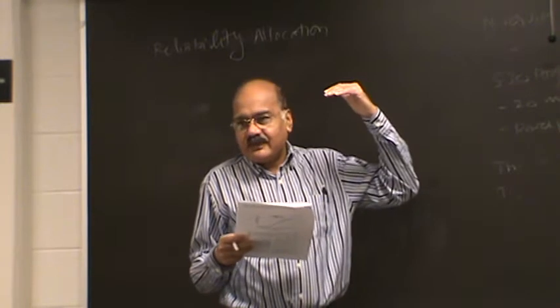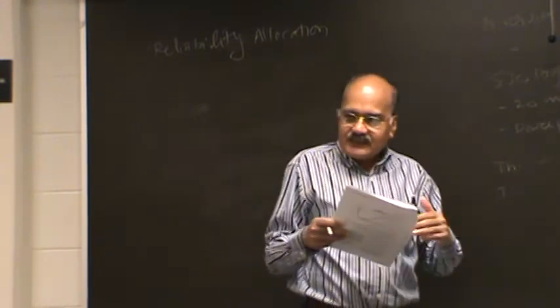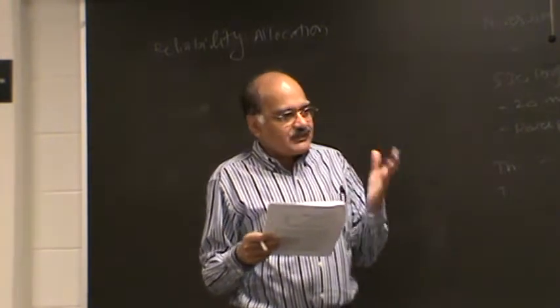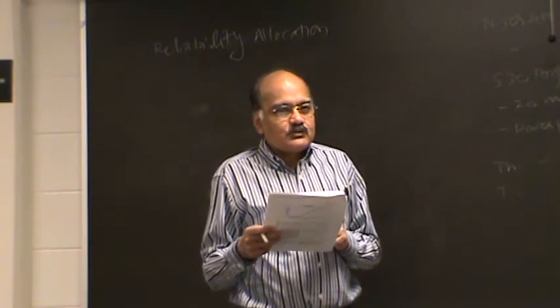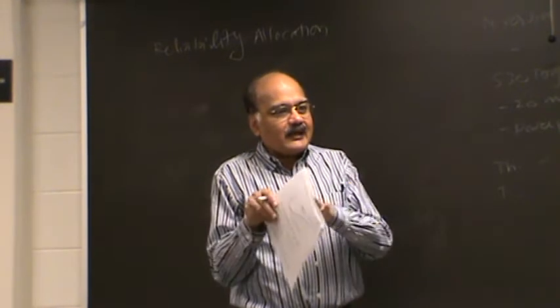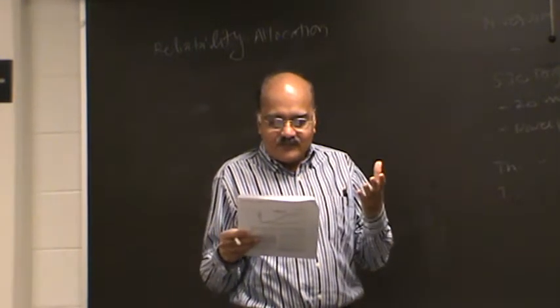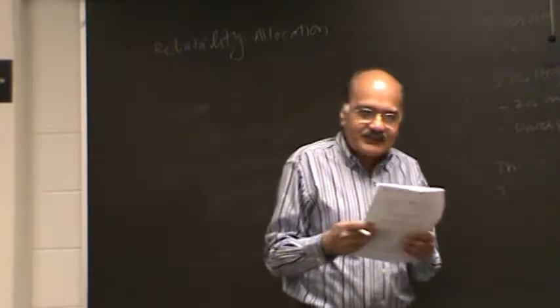So let us say you have a software project with a number of components, and these components are of different sizes and probably with different defect densities. So what is the optimal way to allocate your testing resources in order to achieve the highest reliability? So let's consider this question.